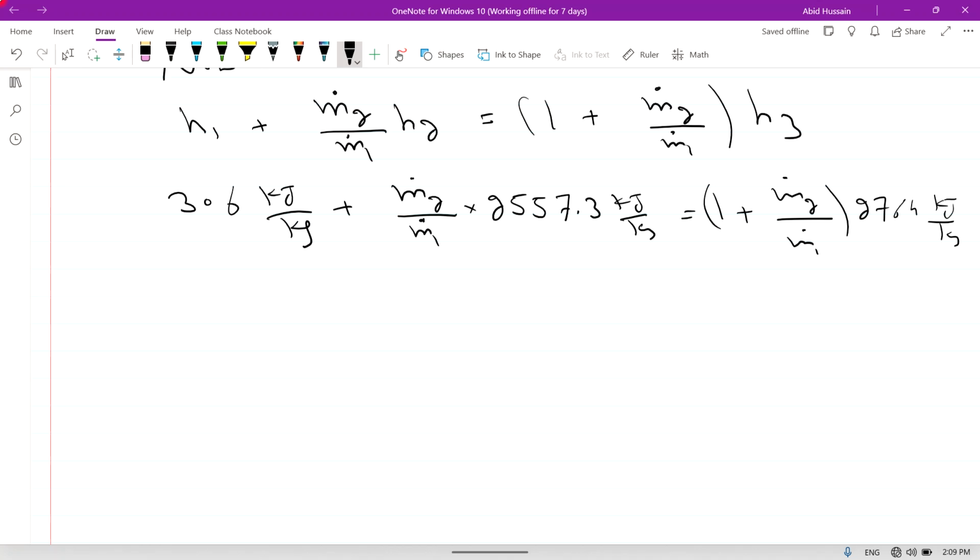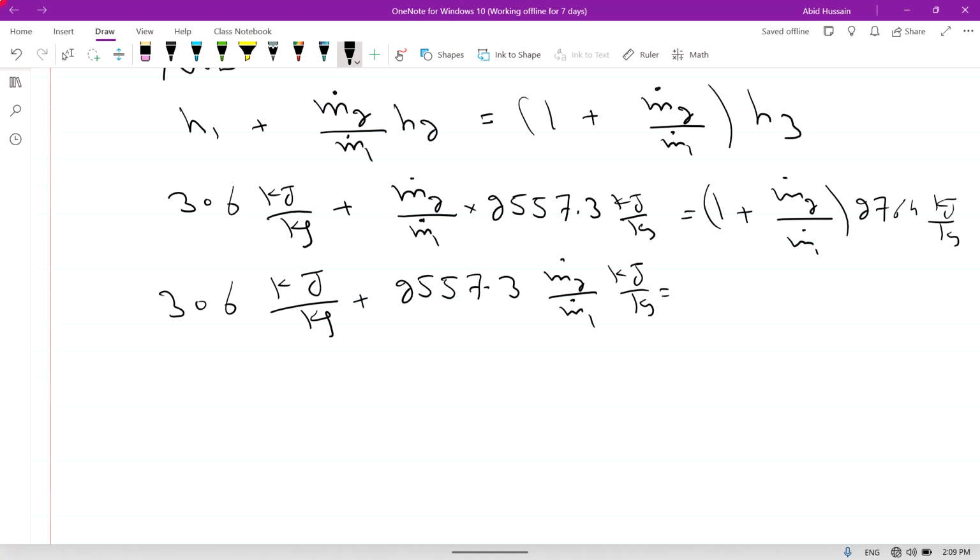So 3060 kilojoule per kg plus 2557.3 times m2 dot divided by m1 dot kilojoule per kg is equal to 1 multiplied by this number, 2764 kilojoule per kg, plus m2 dot divided by m1 dot multiplied by 2764 kilojoule per kg.